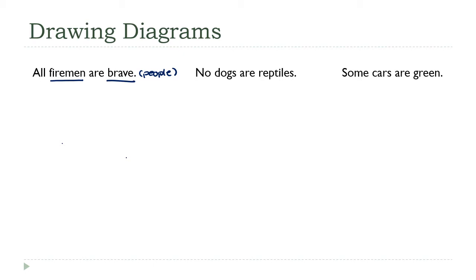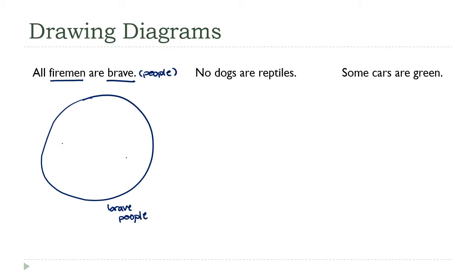That means if I draw a circle here and label this one brave people, all firemen are going to be in that circle. So I would draw another circle here and label this one firemen. And that's how I would illustrate an all relationship.